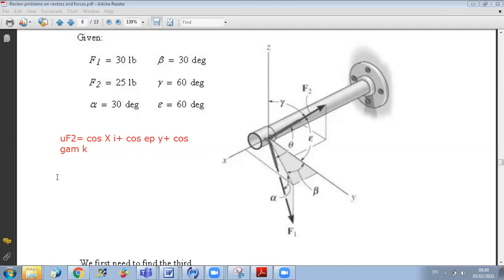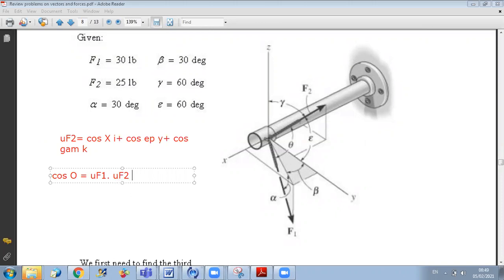All I have to say is that cosine of theta is equal to unit vector of F1 dot unit vector of F2. You don't even need the magnitudes of F1 and F2. Here they gave them to us, but there's no need. I can just solve by doing the dot product of the unit vectors.